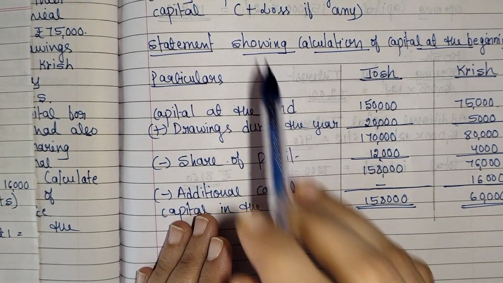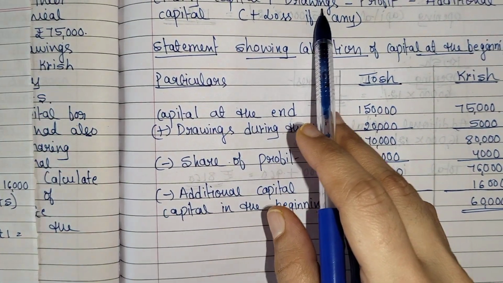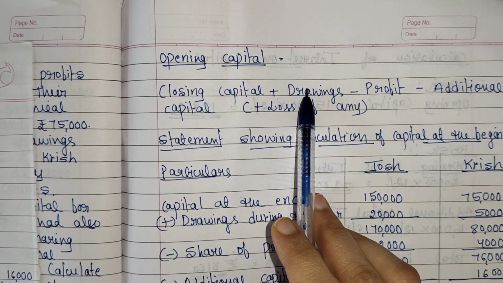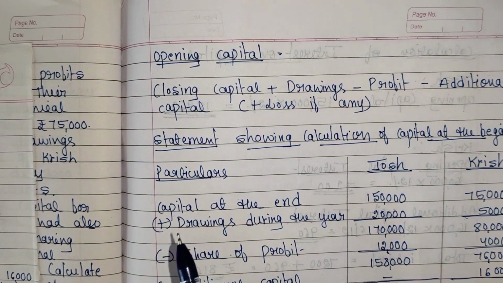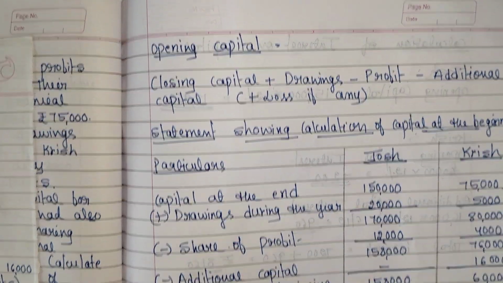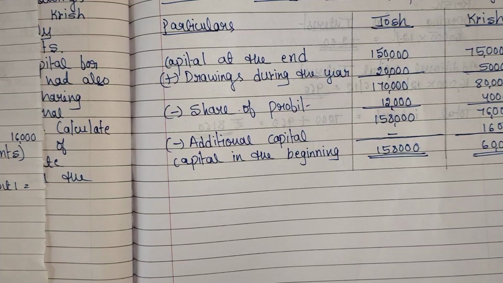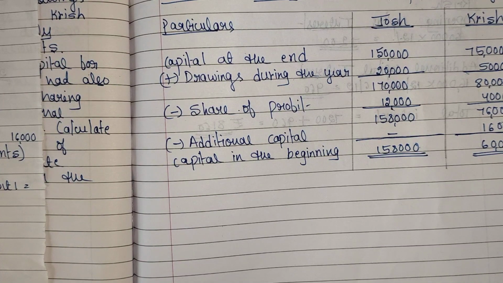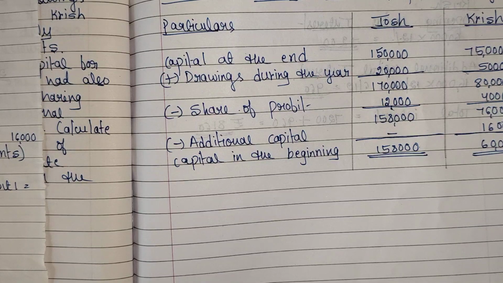Both means closing capital plus drawings plus interest on drawings and minus profit minus additional capital, if it is given in the problem. But here they have not given any interest on drawings. We just need to add the drawings. No interest on drawings. Clear? So I hope this is clear to you all.